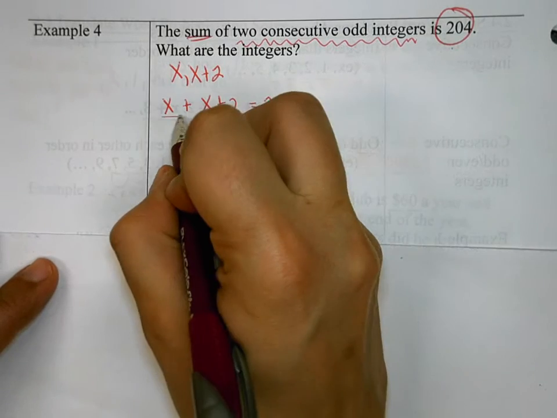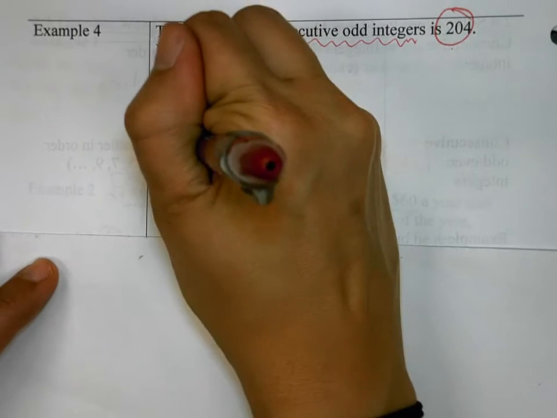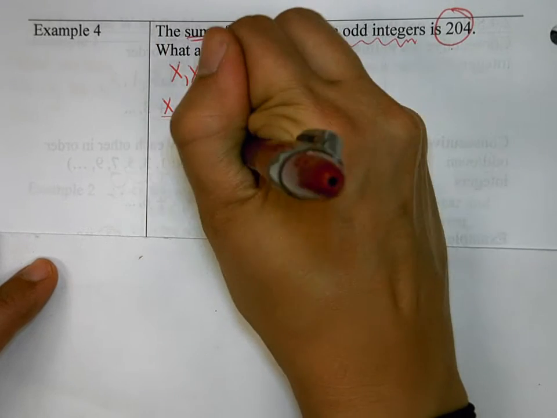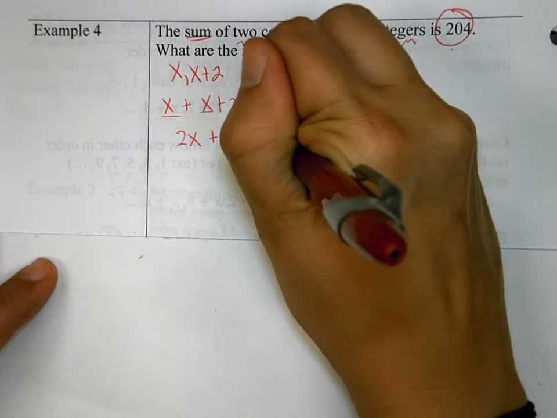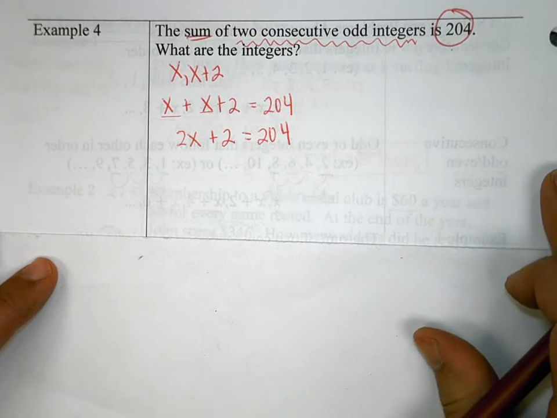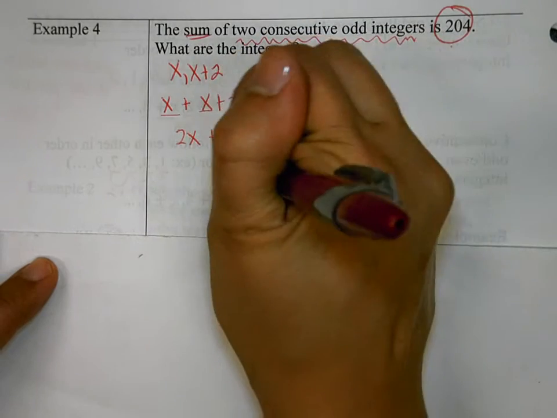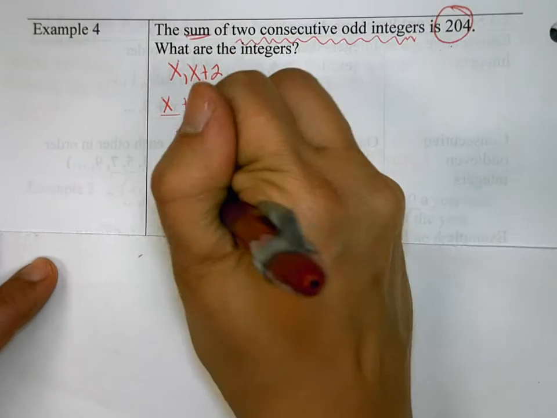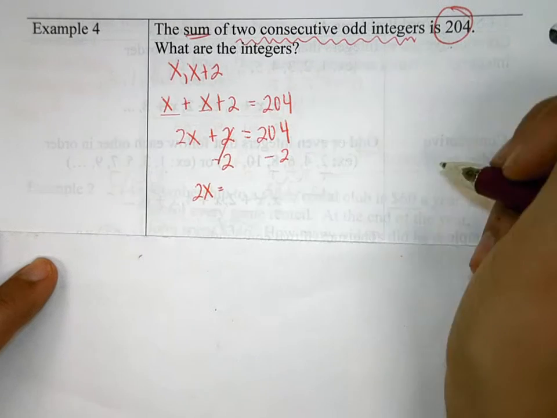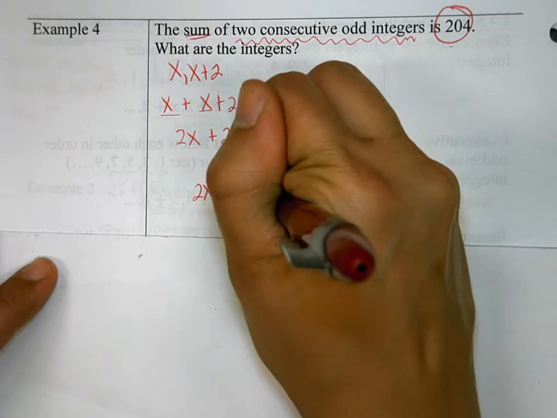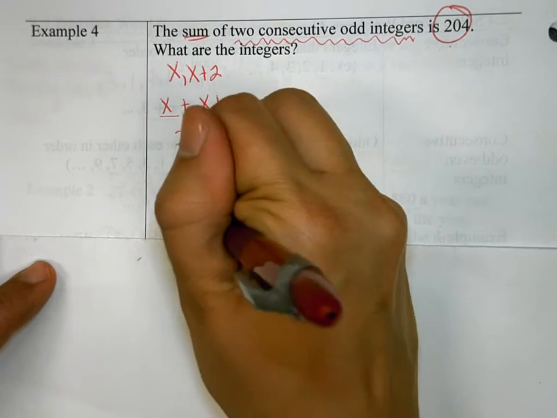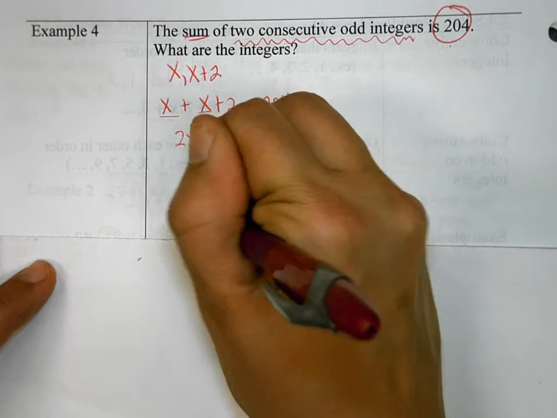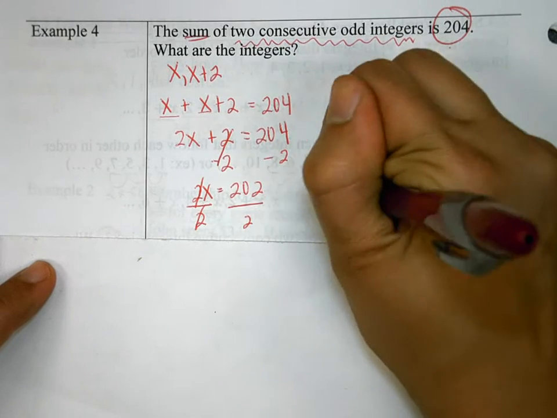Combining like terms gives me 2x plus 2 equals 204. Subtract 2 from both sides, so I get 2x equals 202. And then divide both sides by 2 to get x equals 101.